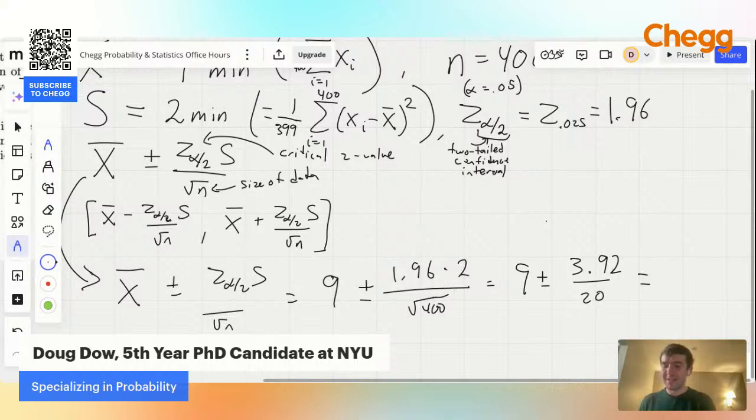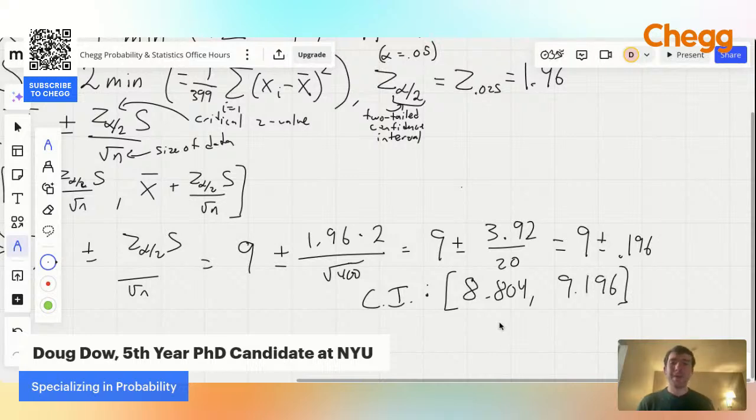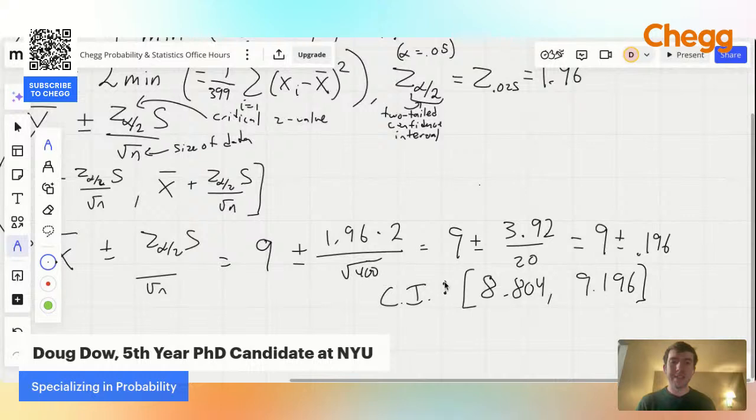So 3.92 divided by 20 is going to be 9 plus or minus 0.196. So what this corresponds to in an interval, the confidence interval, is 8.804 to 9.196. So that's the answer. We're about 95% sure that the true population average will lie in this interval.